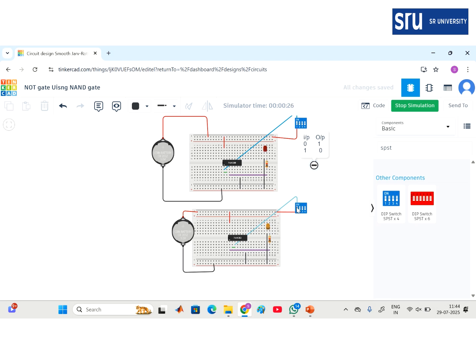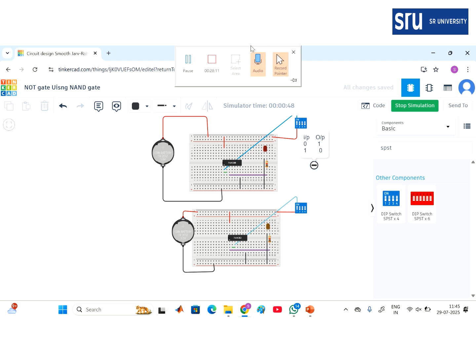Suppose if the switch is in on position, then I get the off position of the LED. Alright, so this is how we have to convert. We have to convert any NOT gate, or we can use NAND gate using conversion for NOT gate. Right. So this is how we have to perform the conversion operations.